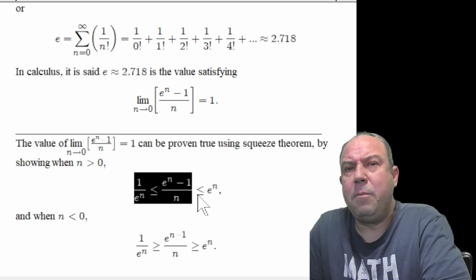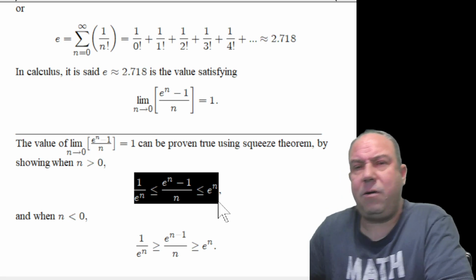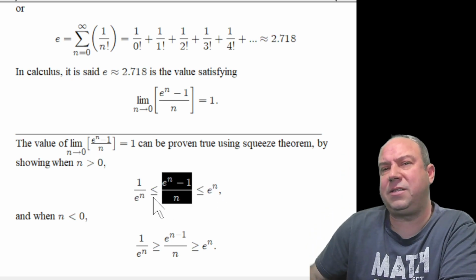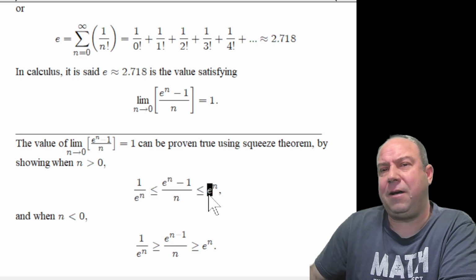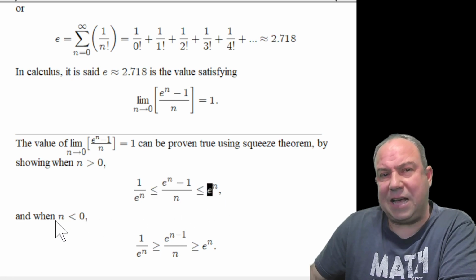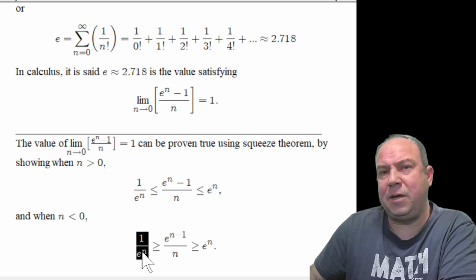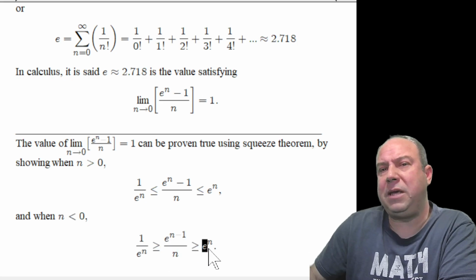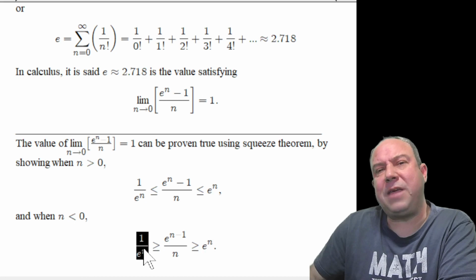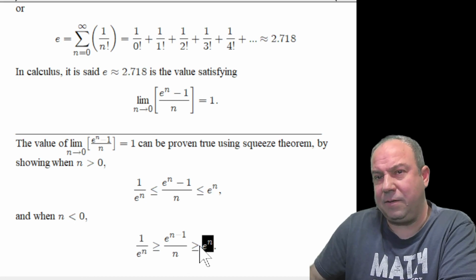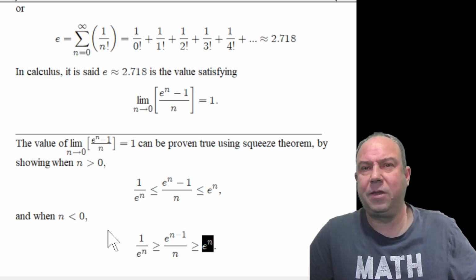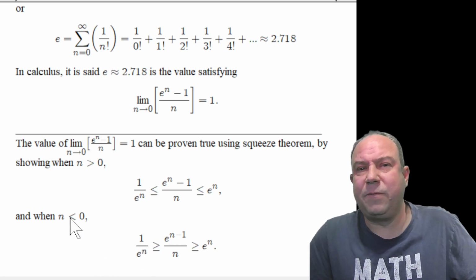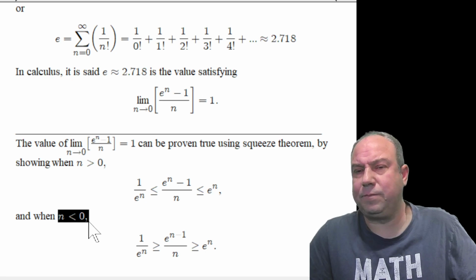All right. By noting for n greater than 0, our argument of the limit is stuck between the reciprocal of e to the n and e to the n itself. And when n is less than 0, we have that same behavior, except that the direction of the inequality changes for the case when n is less than 0.